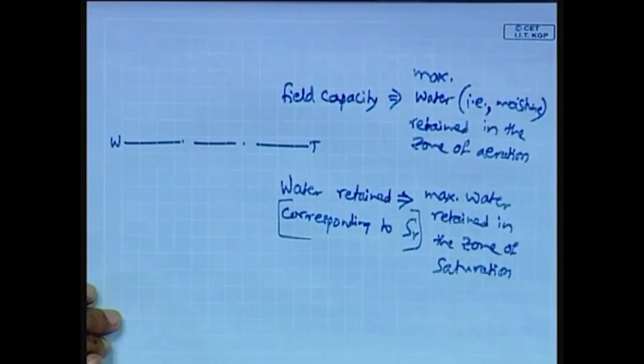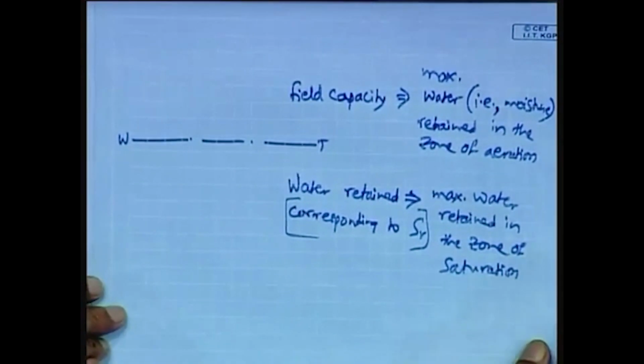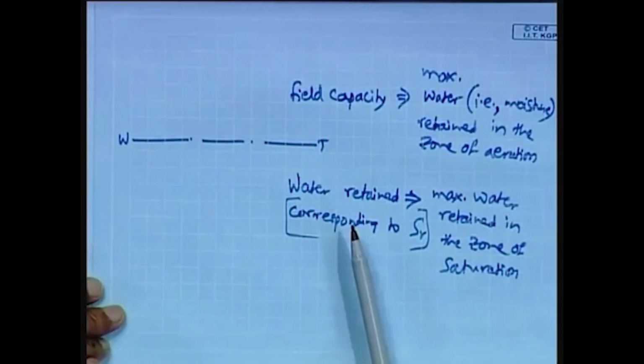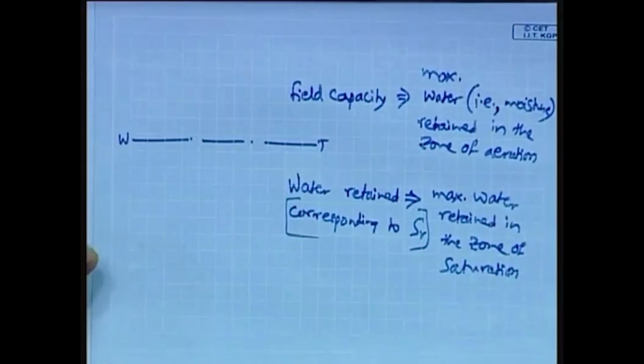Okay. So, like this, the field capacity as well as the water retained represent the water which can be retained to a maximum extent in the zone of aeration as well as the zone of saturation.